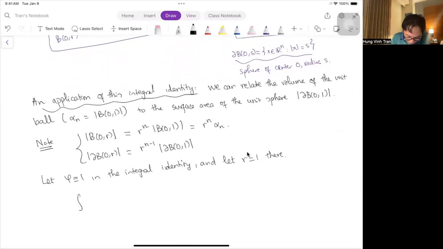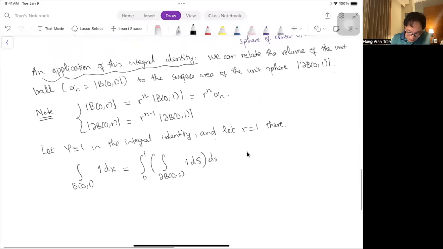Then the integral identity tells us that the integral in the unit ball of 1 dx equals the integral over all the spheres of radii ranging from 0 to 1, of the integral over the sphere of 1 dS, where dS is the surface area and little ds is the radii. The left hand side is nothing but the volume, which is alpha n, the volume of the unit ball.